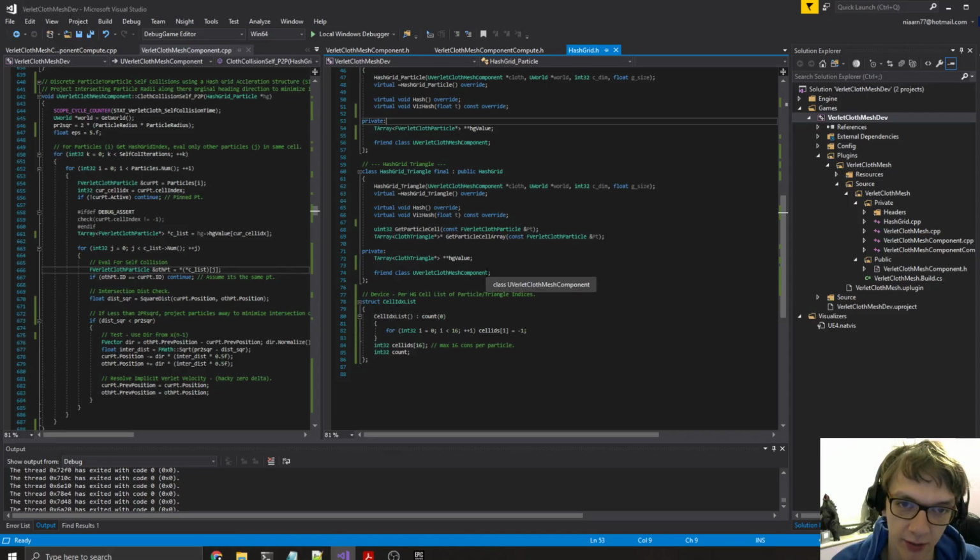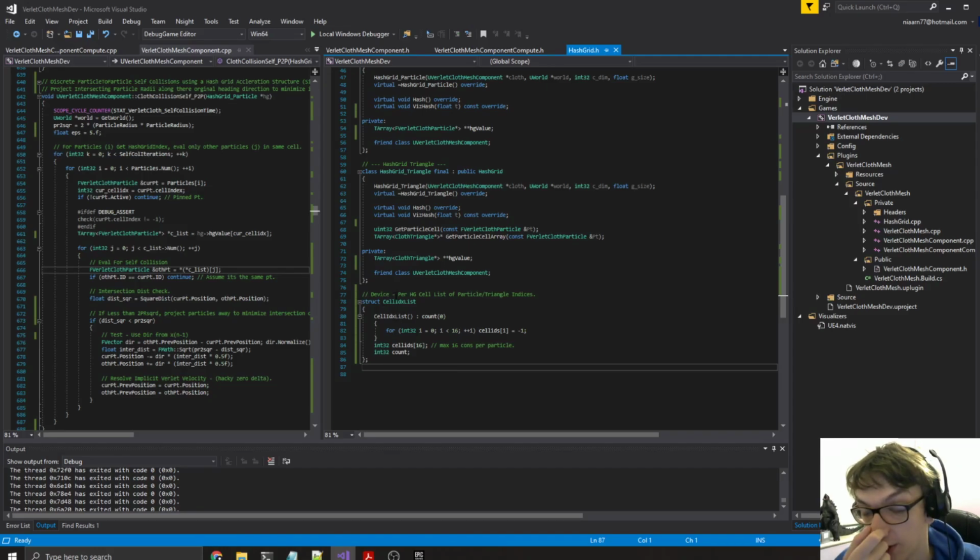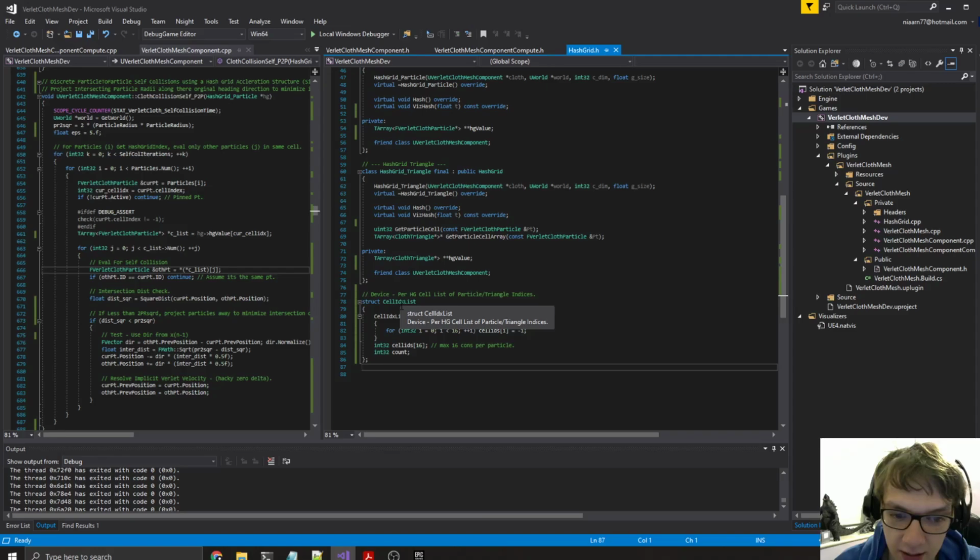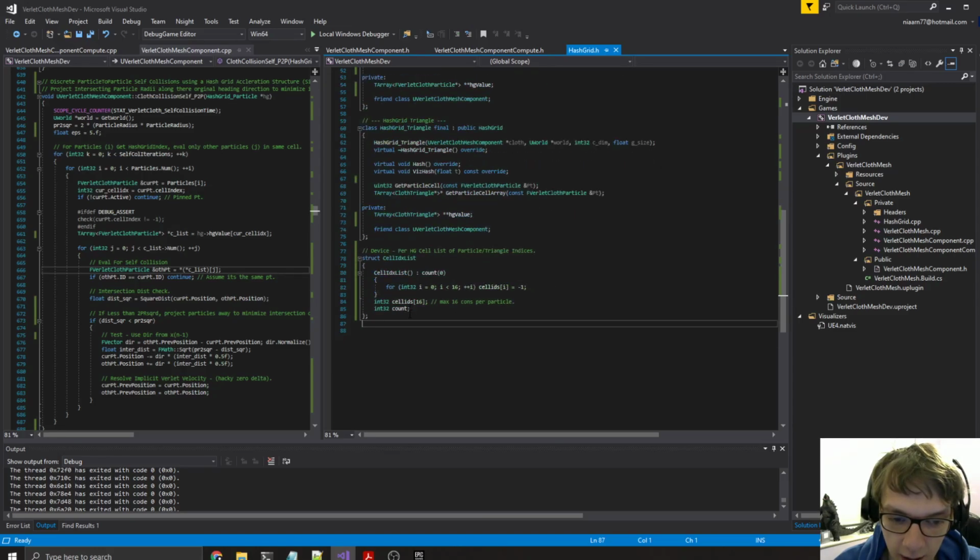HLSL doesn't support an array of arrays. So I'm going to pass a buffer of structs of these cell index lists, and each cell can have some max number of particles. This is going to have to be increased though, because I know for a fact that some cells are going to have more than 16.